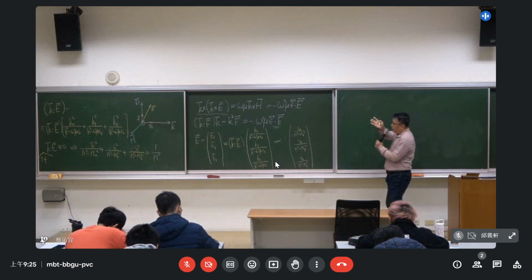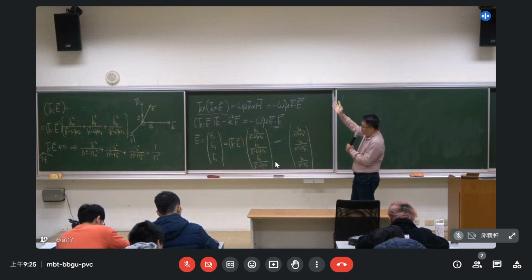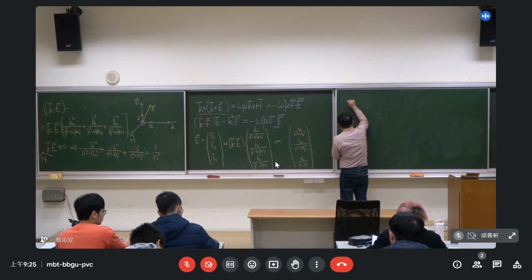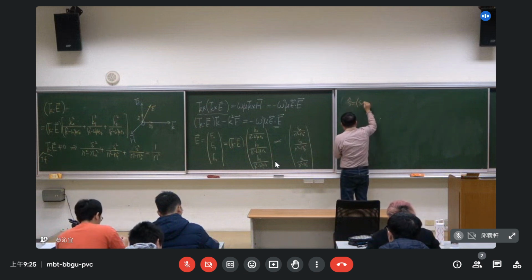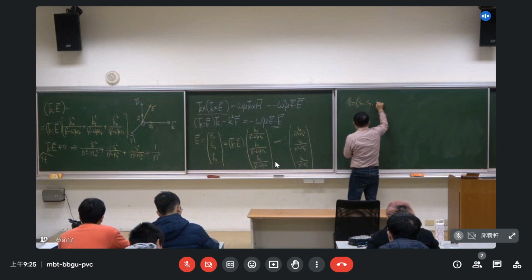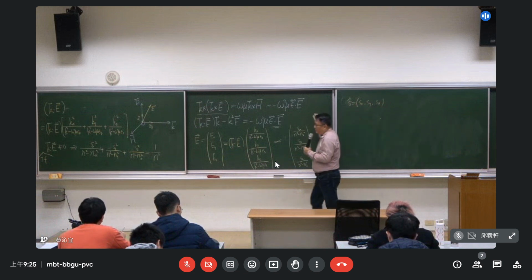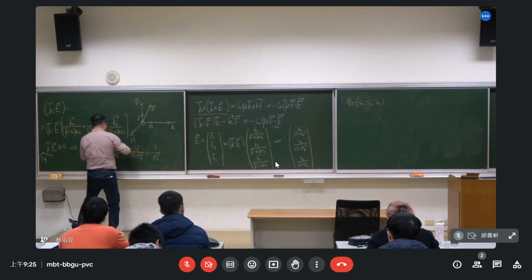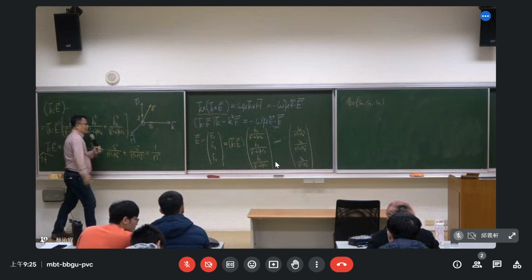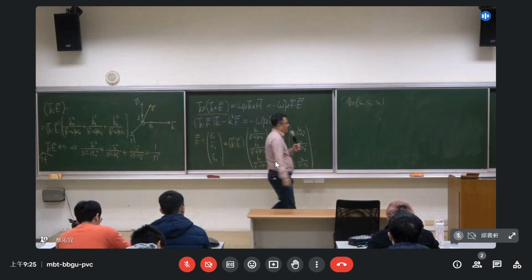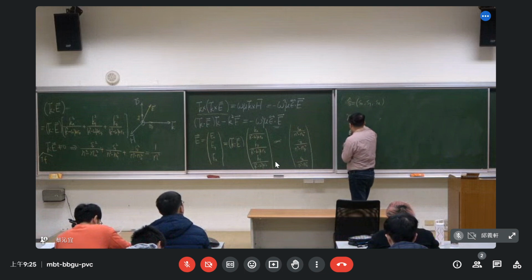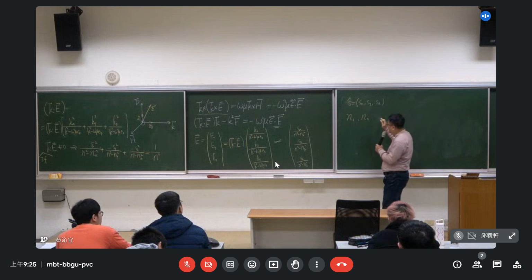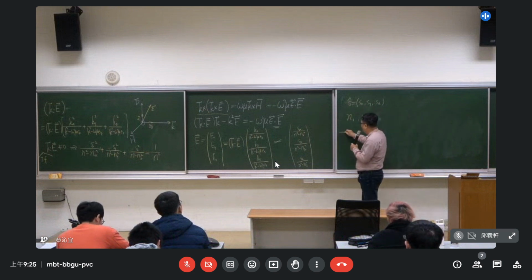Once we have a propagation direction, the small s is given by Sx, Sy, Sz. Then I substitute this Sx, Sy, Sz. In general, we can solve this equation to get two possible n1 and n2.